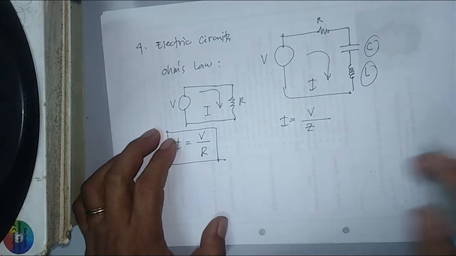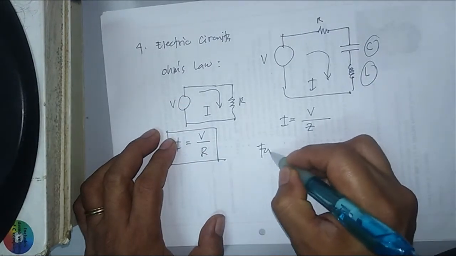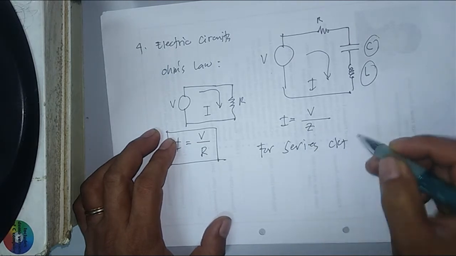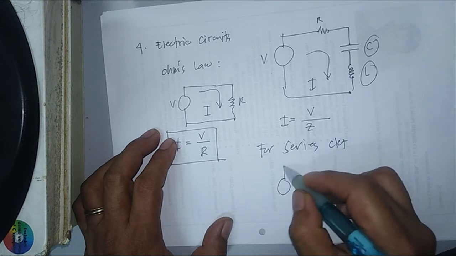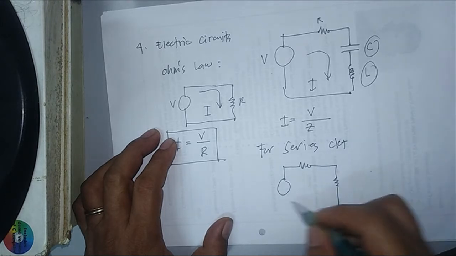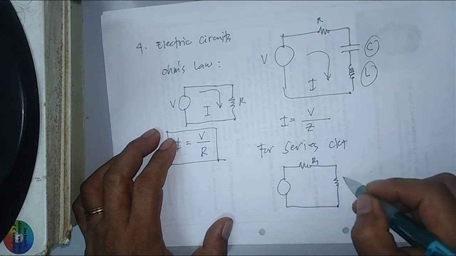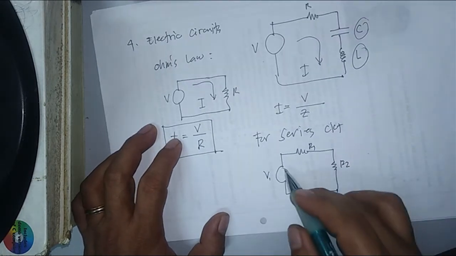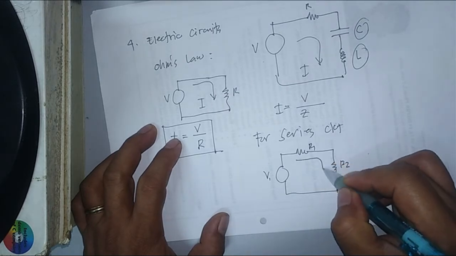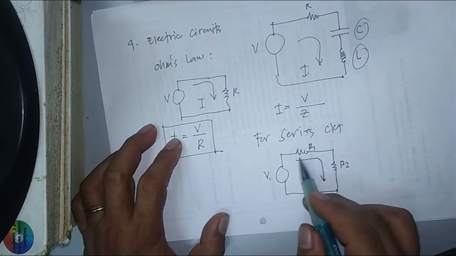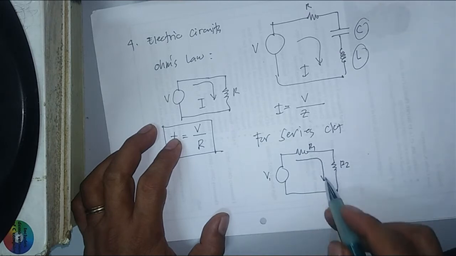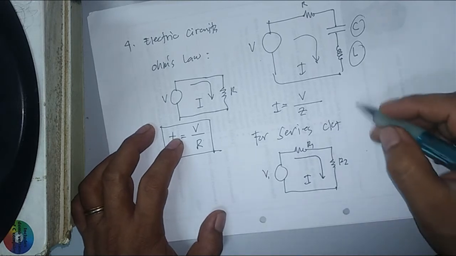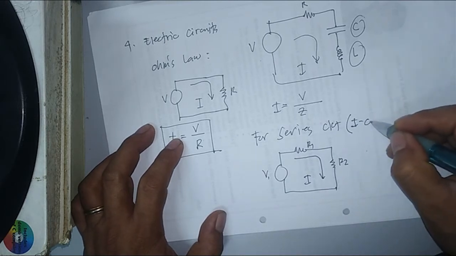Okay, now, for series circuit, we'll draw the series circuit. Assuming I have here R1 and R2, and this is your voltage. Now, for series circuit, the current that flows through your R1 is the same current that will flow through your R2, and we will label that as your I. So in a series circuit, I here is constant.